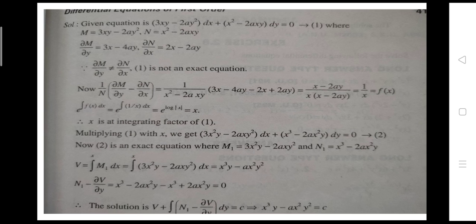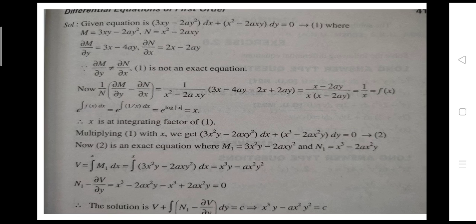Now comparing equation 2 with M1 dx plus N1 dy is equal to 0, M1 is equal to 3x²y minus 2axy², and N1 is equal to x³ minus 2ax²y. Now differentiate M1 and N1.